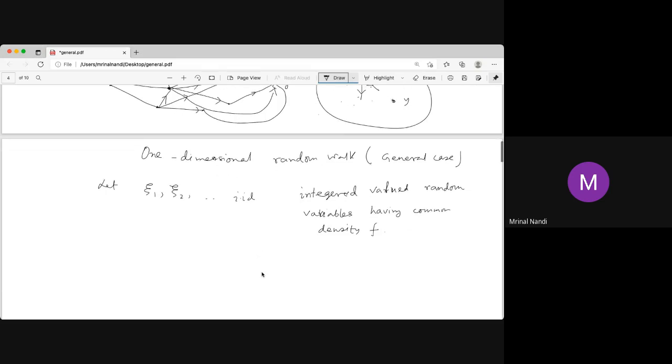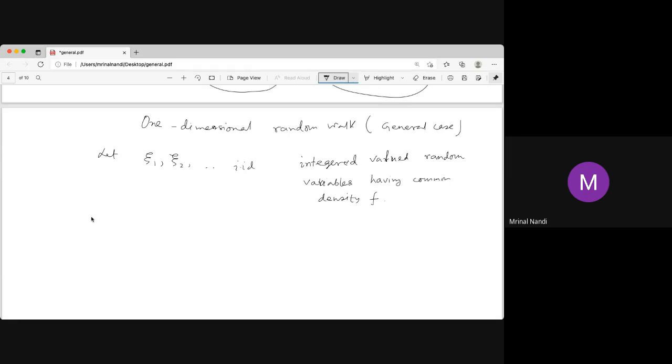Now say x0 is an integer valued random variable, the starting point of the random walk, and this is independent of the xi's.